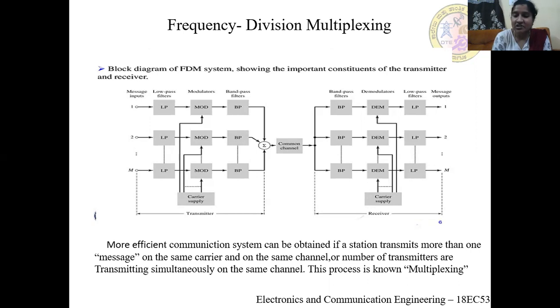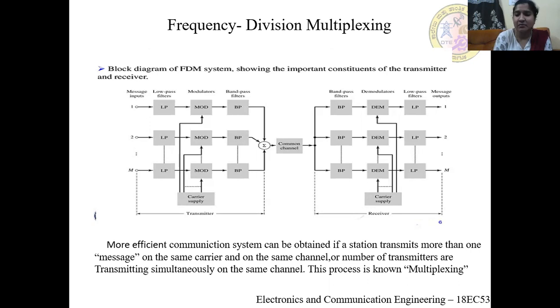This filter's action removes high frequency components that do not contribute significantly to signal representation but may disturb other message signals that share the common channel. So the filtered message signals are then modulated with necessary carrier frequencies with the help of modulators.